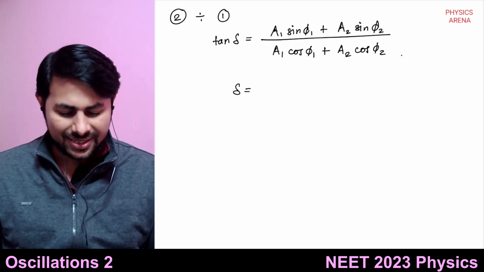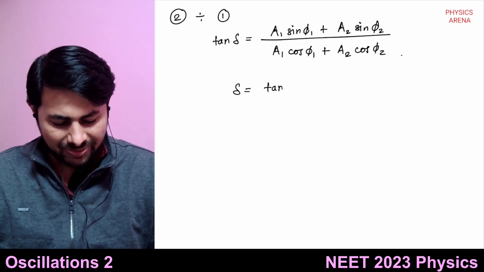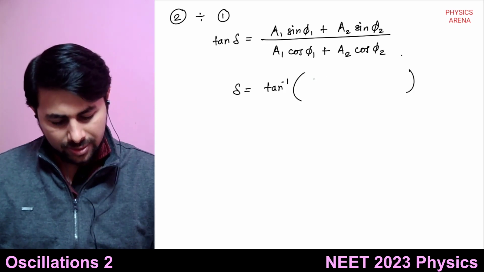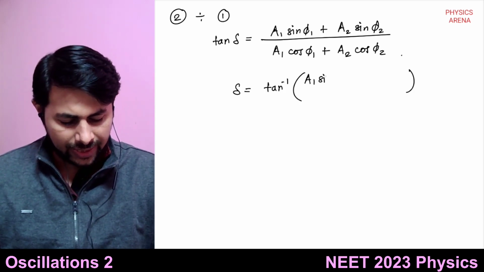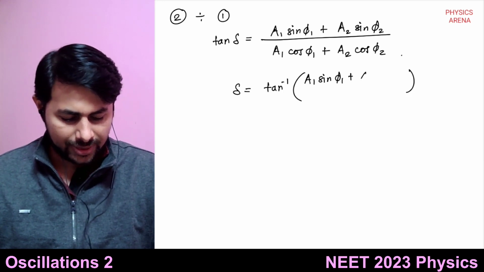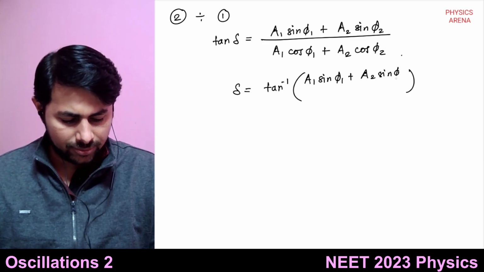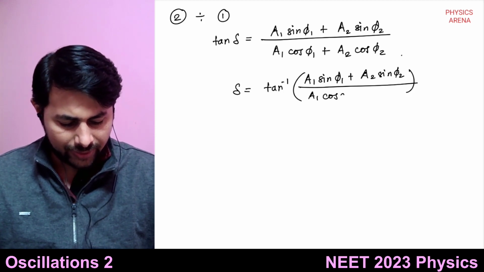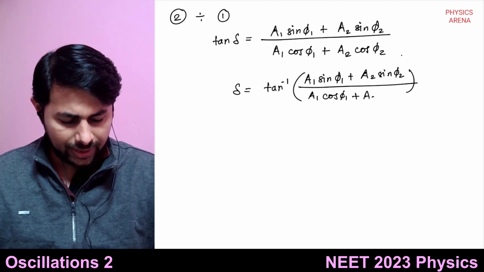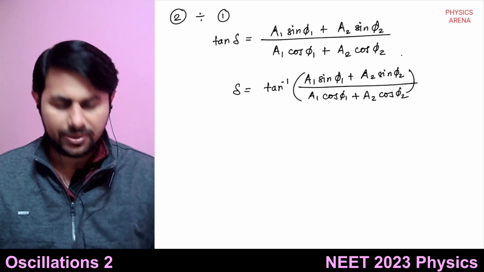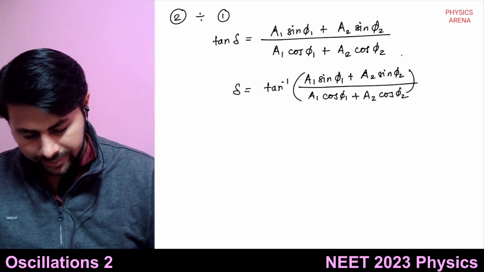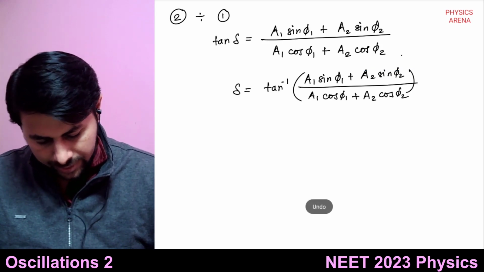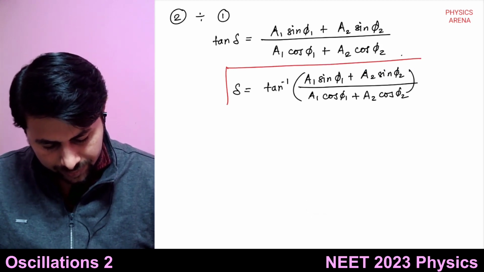We get delta equals tan inverse of A1 sin phi 1 plus A2 sin phi 2 divided by A1 cos phi 1 plus A2 cos phi 2. So we got delta.